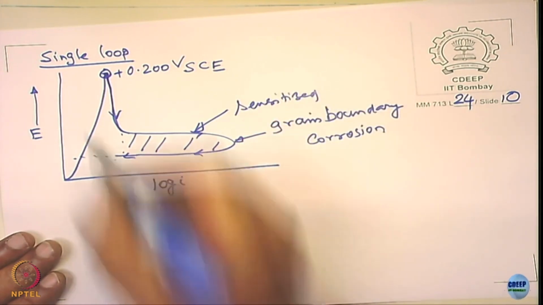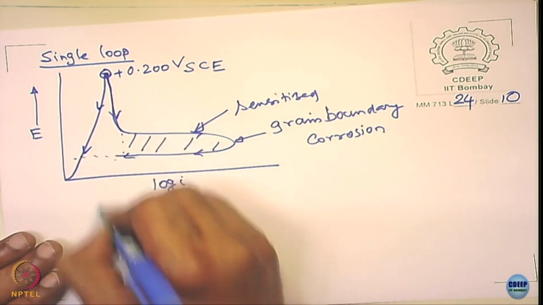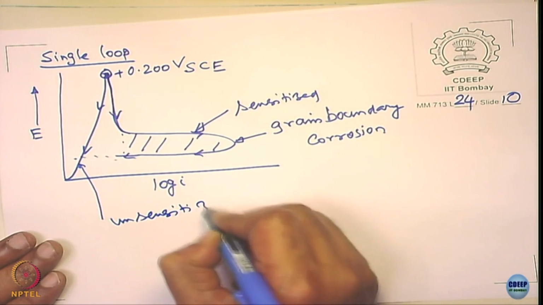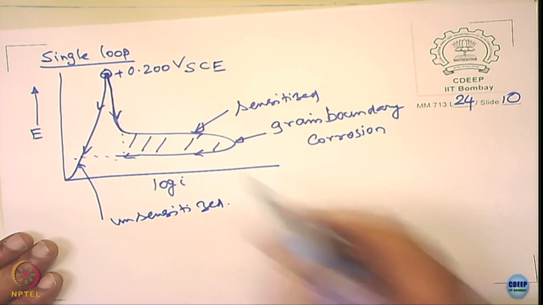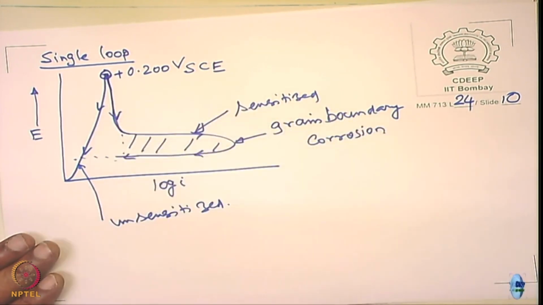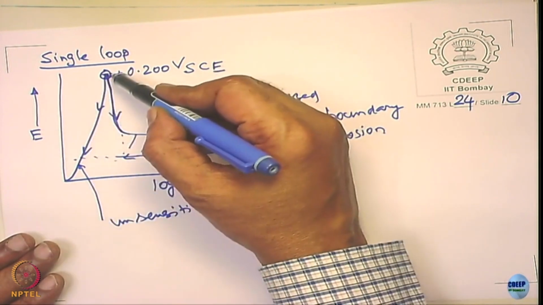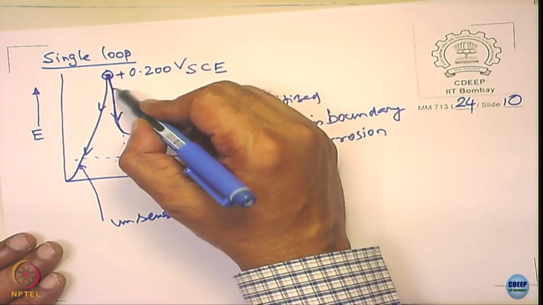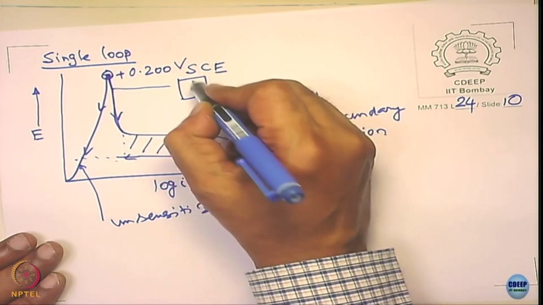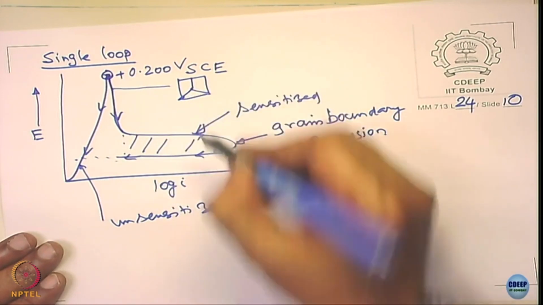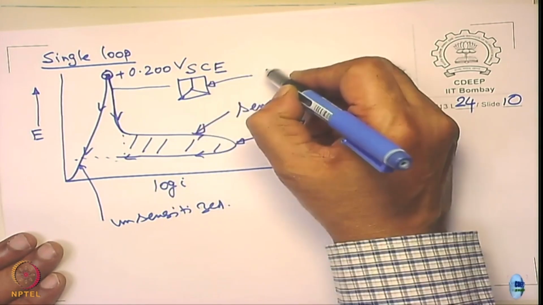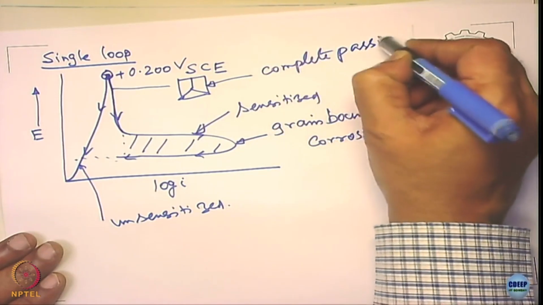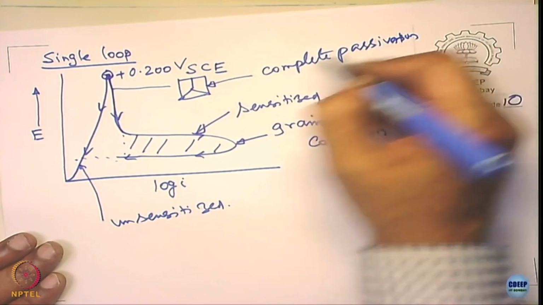If it is not sensitized, you get it like this. When you hold it at plus 200 millivolts, it is completely passivating. Please see that in this case, if you look at the alloy, everything passivates, complete passivation, both grain boundary and grain.